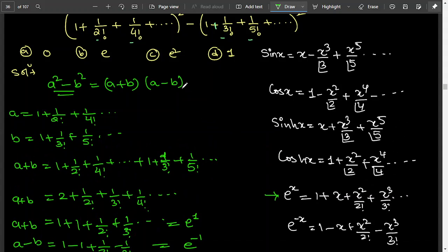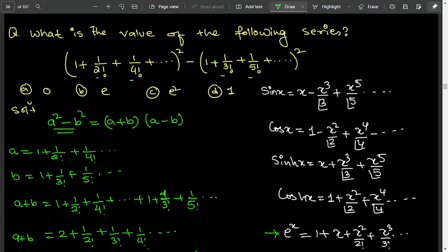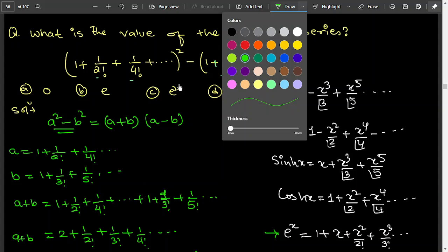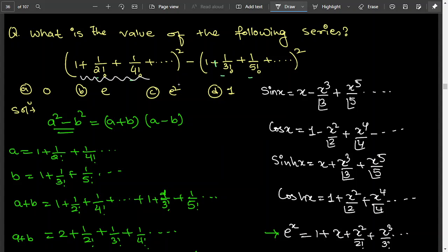This term will be equivalent to cos square hyperbolic 1. If I put 1 here, then I'll get 1 plus 1 by 3 factorial. This one is for sine, right?